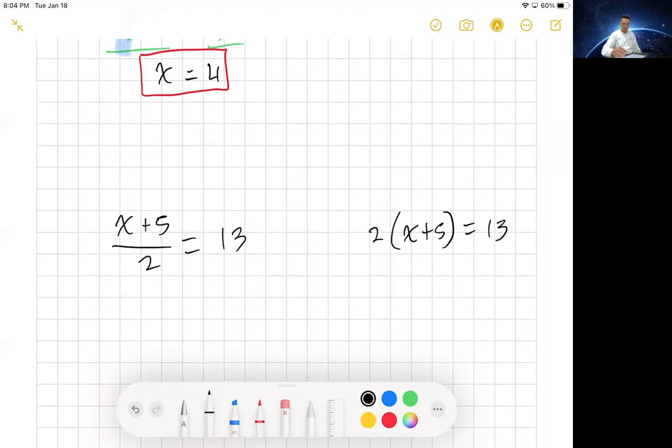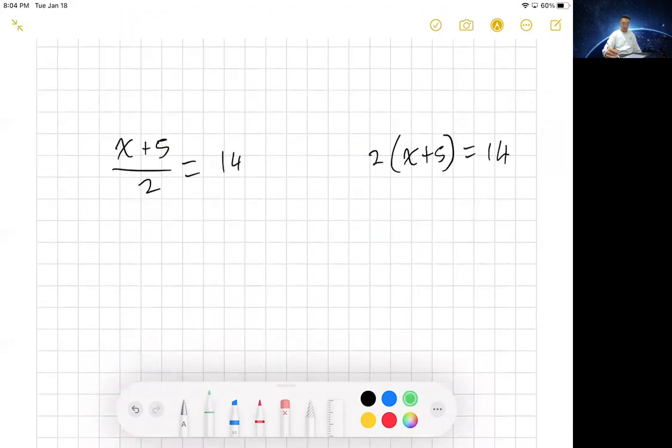Oh, that doesn't work. It would have to be like 14 or something. Yep, that works. So in both of these situations, we multiply or divide to cancel as our first step. So that is the key, that you understand what is your first step in these 2 types of problems. Hopefully that's not too difficult, and let's get to work.